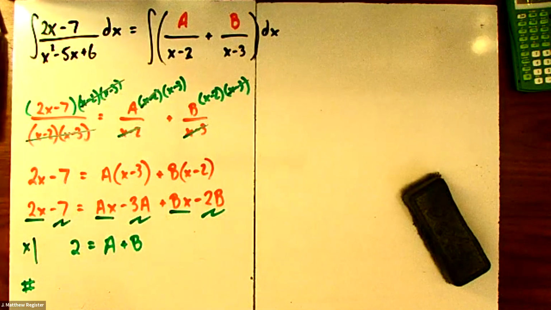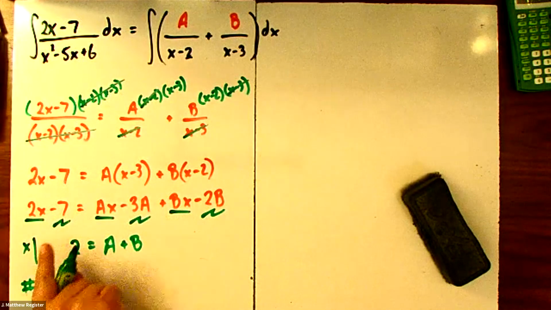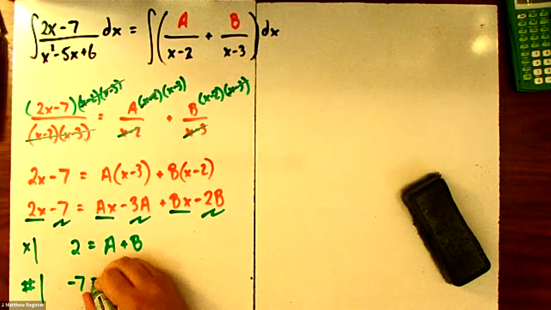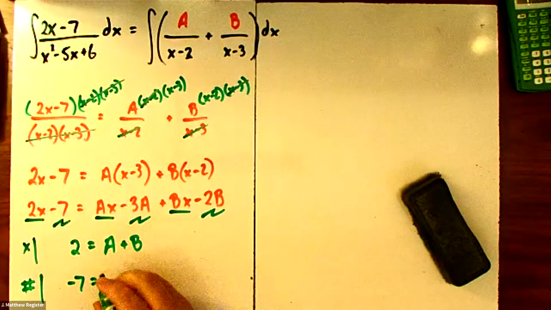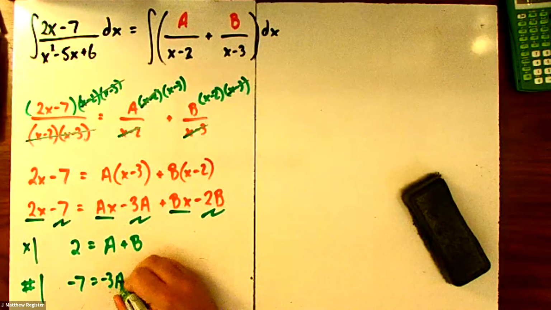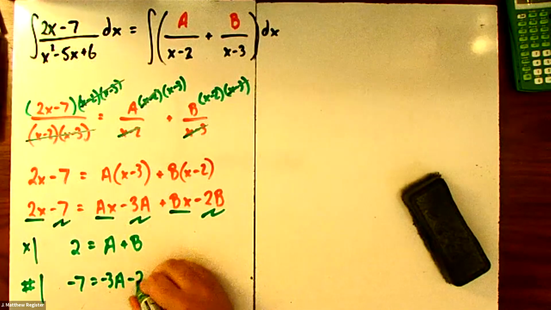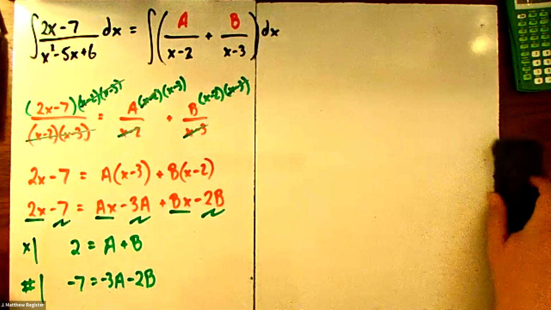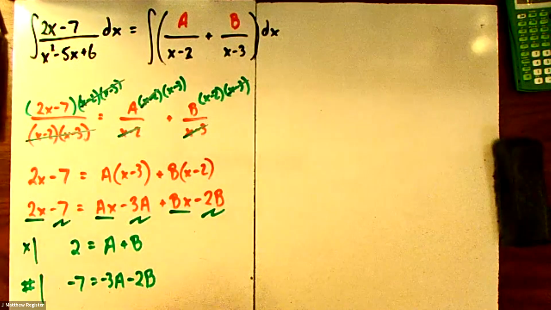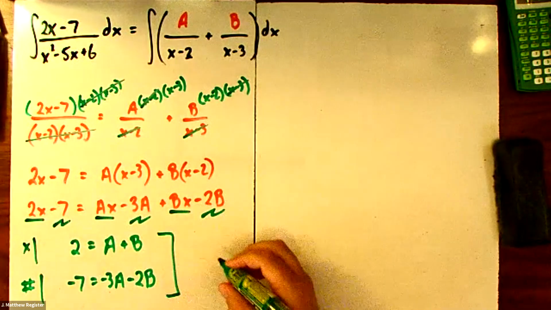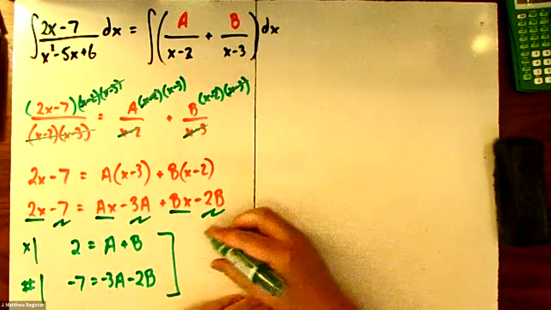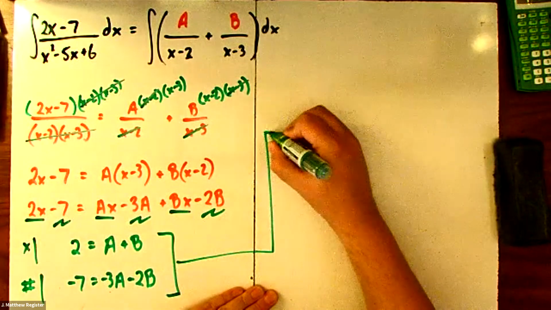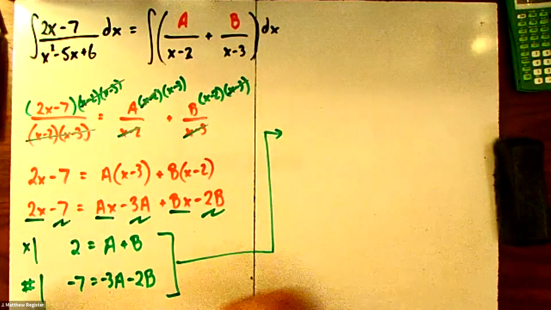For our non-x terms, just our number terms, we have -7 is equal to -3a minus 2b. And now hopefully all the algebra folks in the room recognize that this is 2 equations and 2 unknowns.